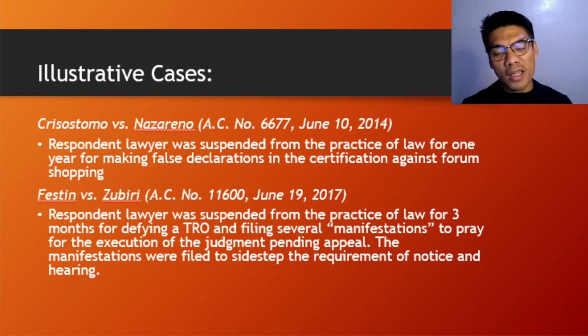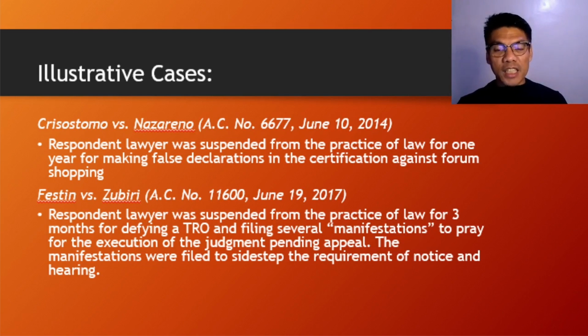So that's why an administrative complaint was filed against the lawyer, Attorney Nazareno, and so the court found that he was in fact guilty of violating Canon 10 by engaging in forum shopping, or by committing a false statement in his certification against forum shopping.